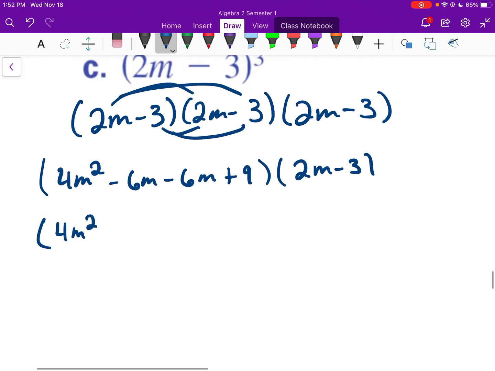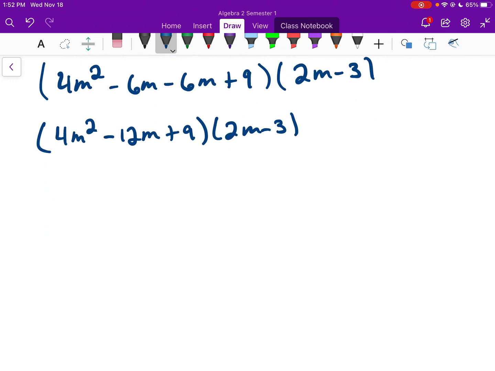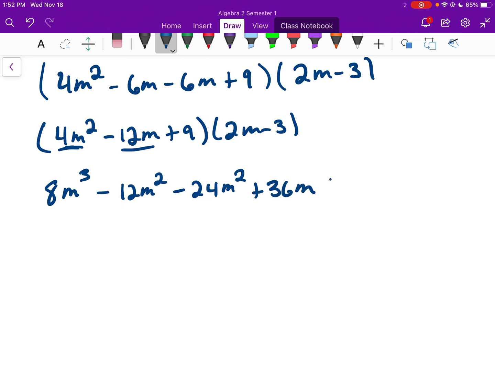Simplifying that first parentheses will help. And then again, distributing each term. So 4m squared times 2m, we're going to get 8m cubed minus 12m squared. Done there. Distributing that negative 12m, we get minus 24m squared plus 36m. Done there. And finally, plus 18m minus 27.